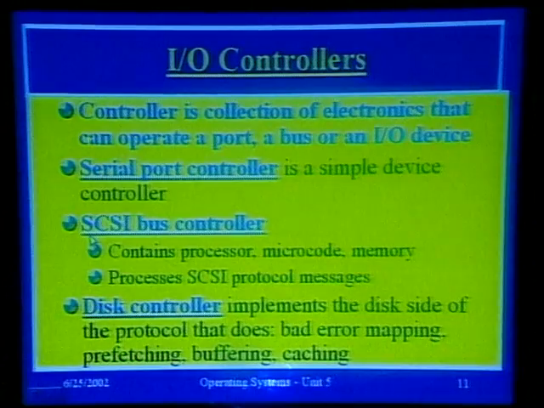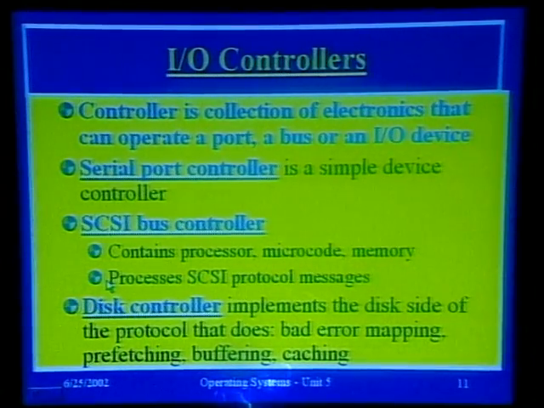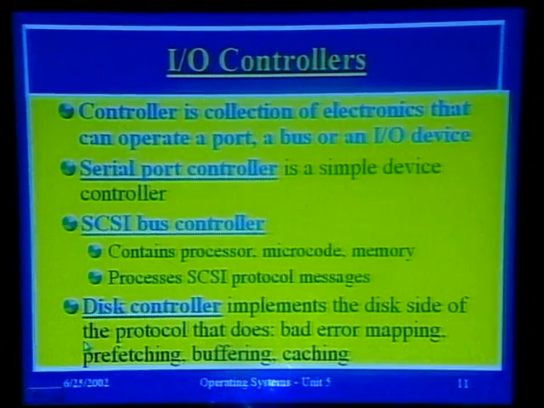Or we can have a SCSI bus controller, which also contains a processor, microcode, and its own memory, and it processes SCSI protocol messages. And we can have disk controllers which implement the disk side of the protocol, that does, for example, bad sector mapping, prefetching, buffering, caching, and other processes related to the disks.